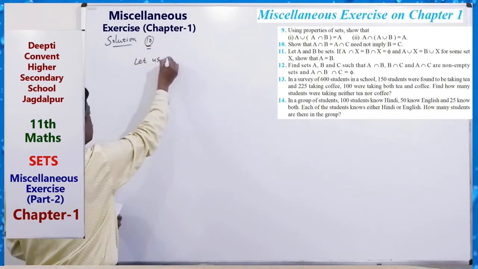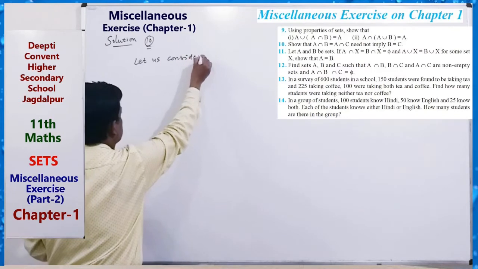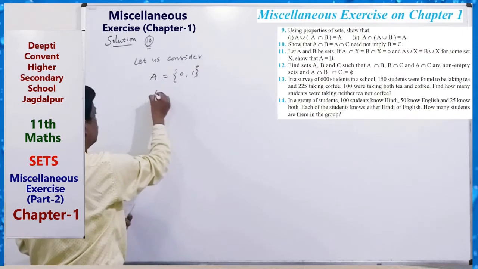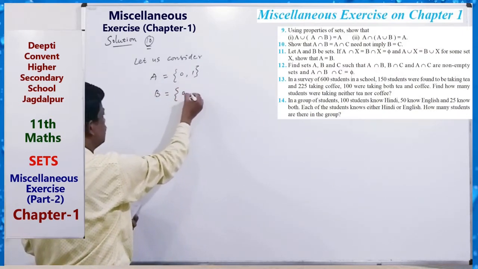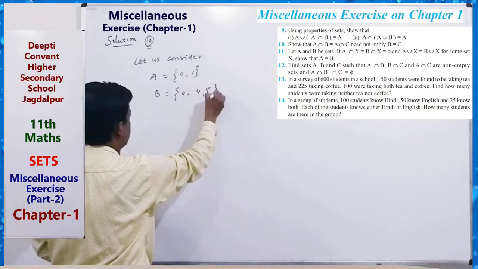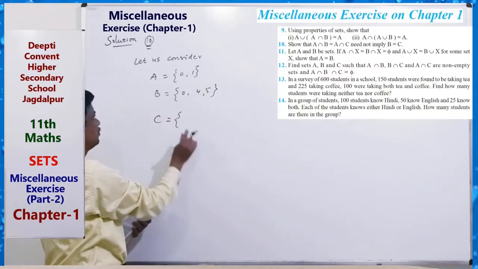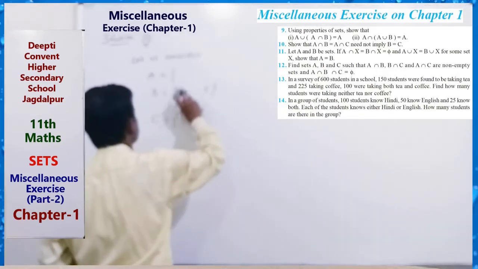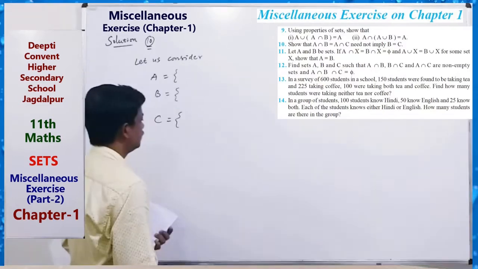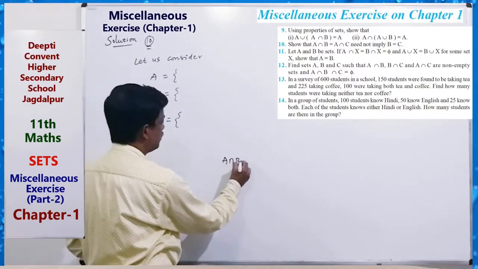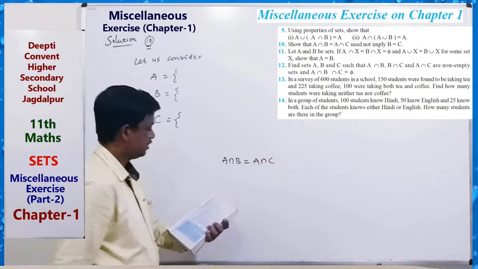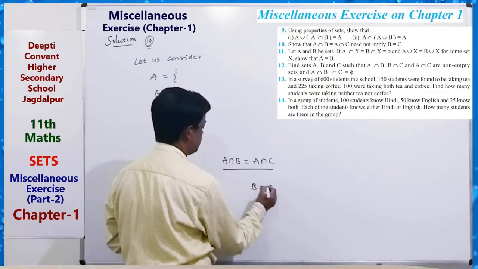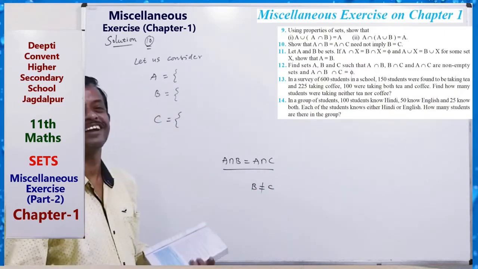Let us consider set A equals {0, 1}, B equals {0, 4, 5}, and C. A intersection B equals A intersection C should be satisfied and B not equal to C. We are trying to find such sets.